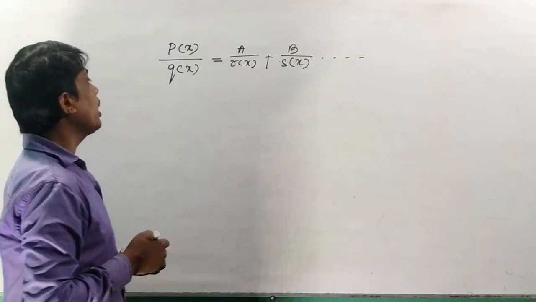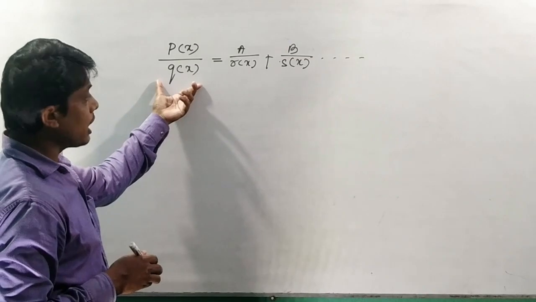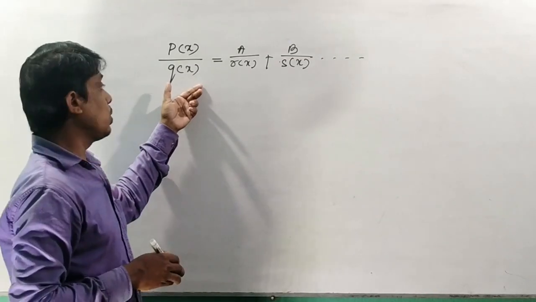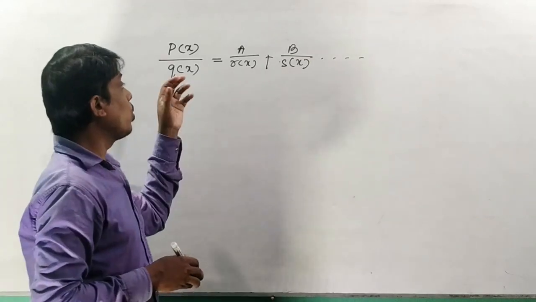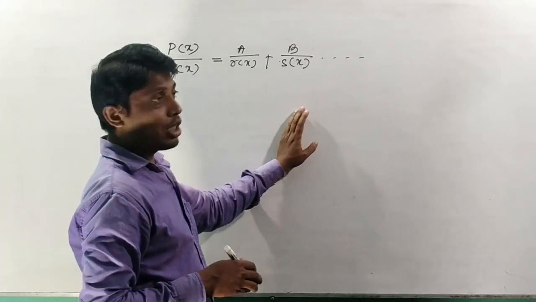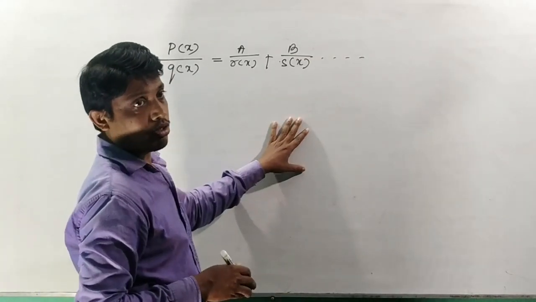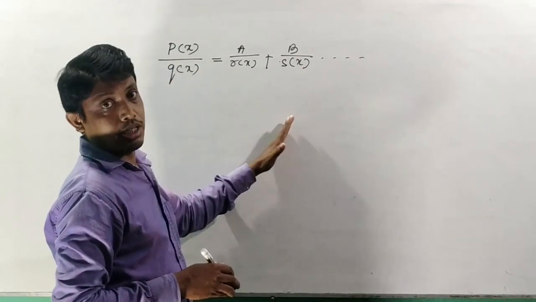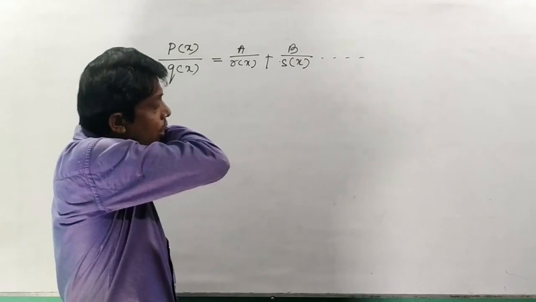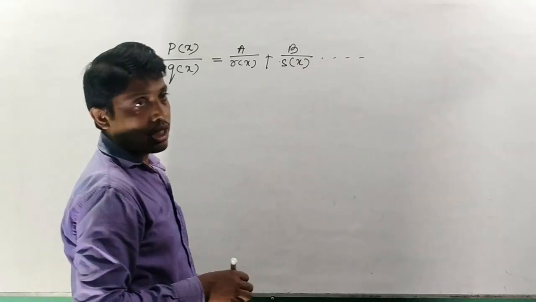That means when the denominator q of x can be split into some factors, then we have to use the partial fractions. Otherwise, we cannot use the partial fractions. q of x must be factorized. The factors may be linear or quadratic.